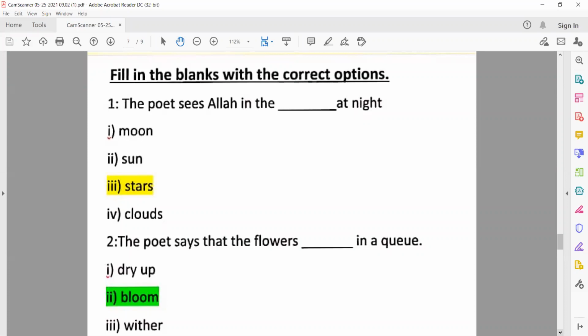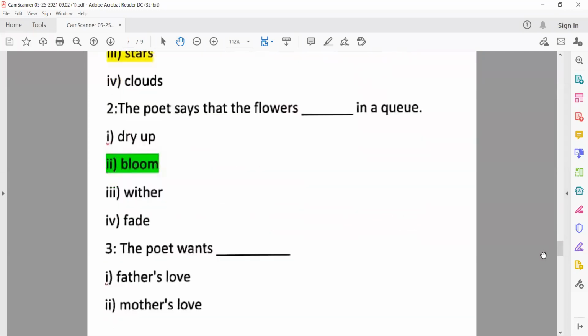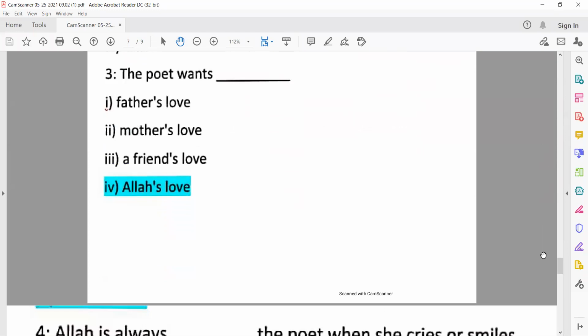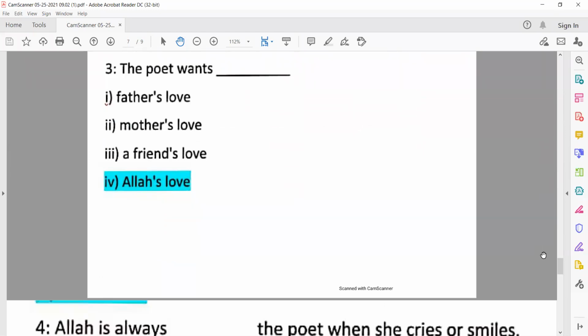The second one is: the poet says that the flowers dash into flame. Do the flowers dry up, bloom, wither, fade? Bloom. Yes, Aqsa, Muhammad Yasir, Hazra, Alyan. Yes, exactly, bloom. The third one is: the poet wants dash. Father's love, mother's love, a friend's love, Allah's love. Whose love does the poet want?